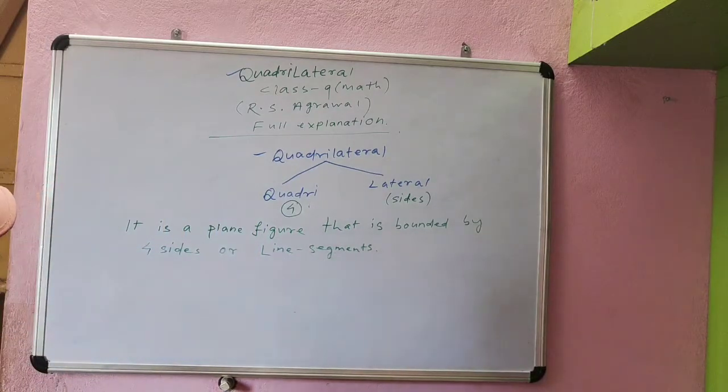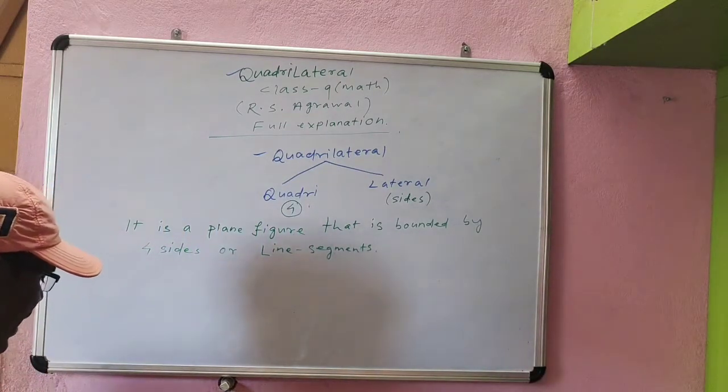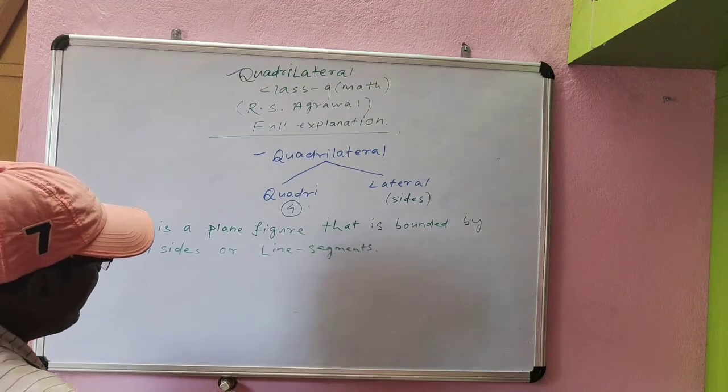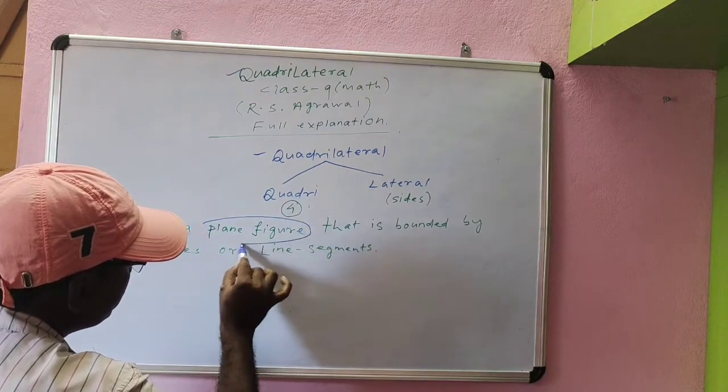So quadrilateral indicates a plane figure.